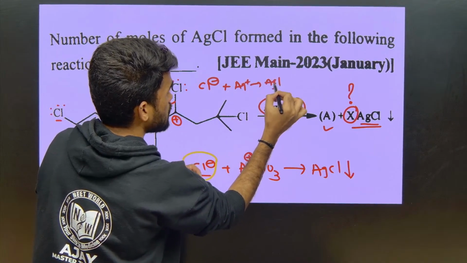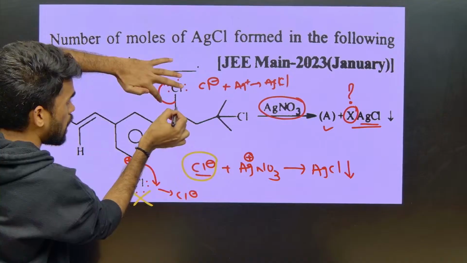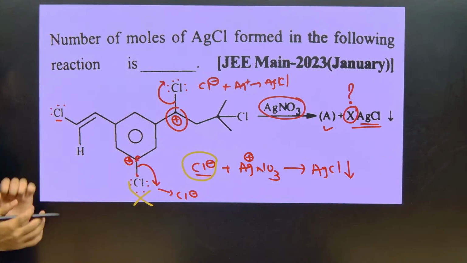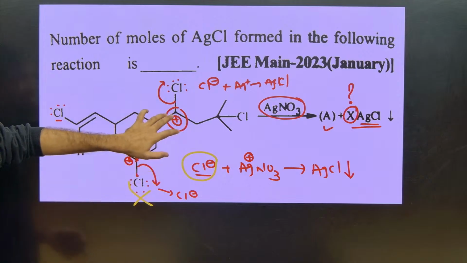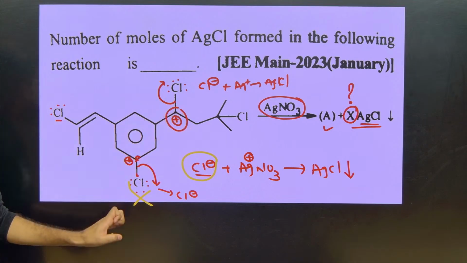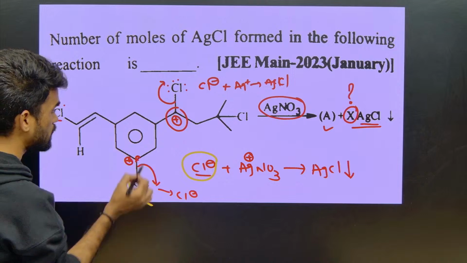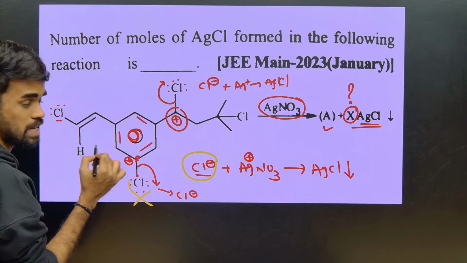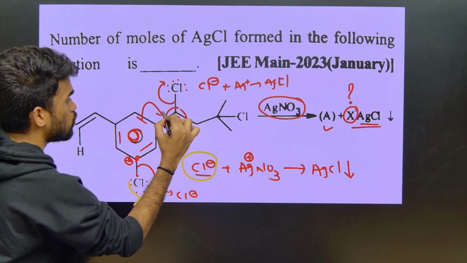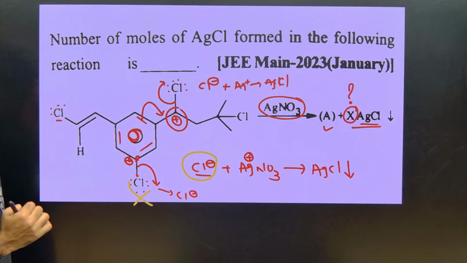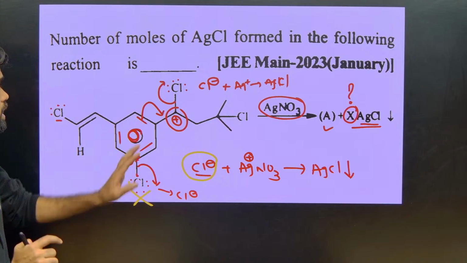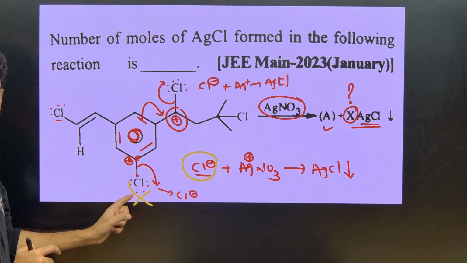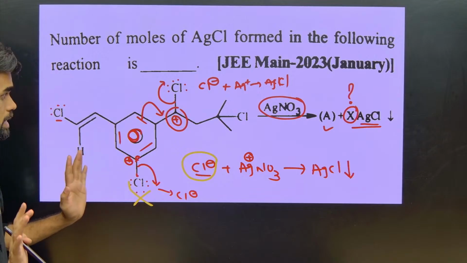Yes, because the carbocation generated here can be stabilized by the ring pi electrons. So we can say this carbocation is a benzylic carbocation, which can be stabilized by the benzene ring electrons. We have electrons like this, so this will stabilize the carbocation by resonating structures. Hope it is clear. That's why this chlorine will be involved in the reaction, but not this chlorine. Up to here it is clear, right?